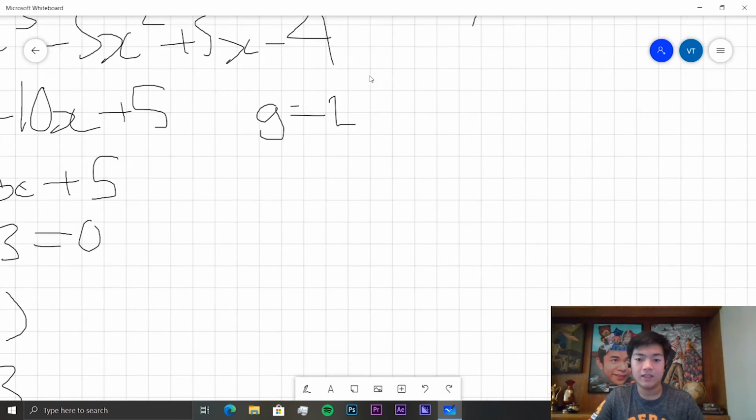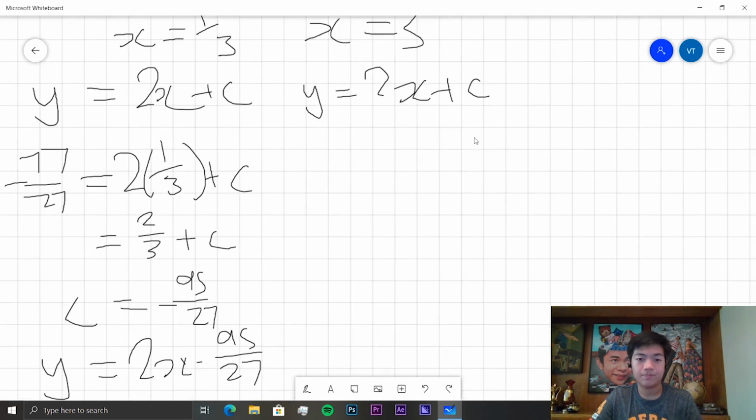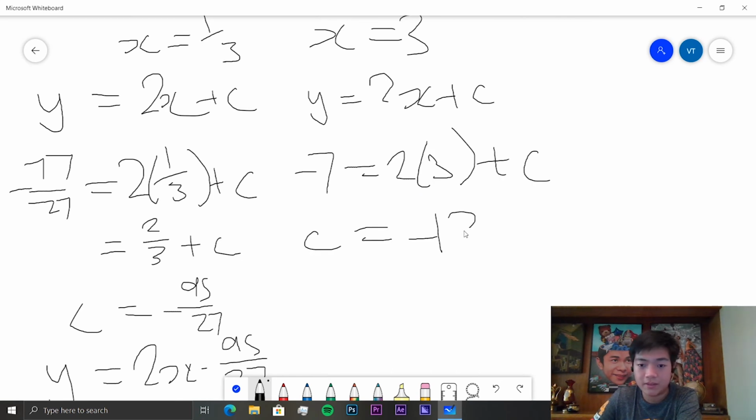If that's all equal to negative 7, then we have negative 7 is equal to 2 times 3 plus c. So c must be equal to negative 13.